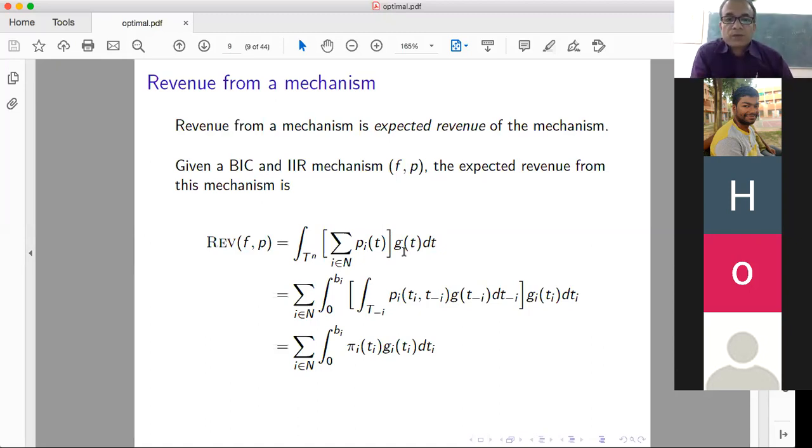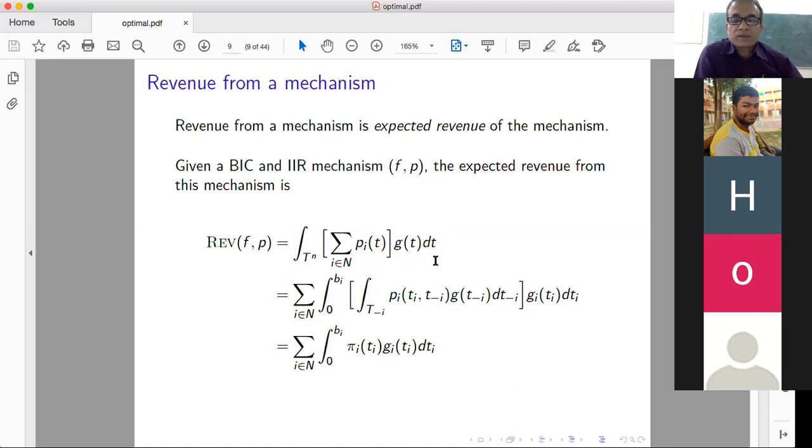Okay, so what we assume in this analysis is that G is independently distributed. So every agent draws its value independently. In the next lecture, we'll also consider the case where the values are correlated and what happens in that case.